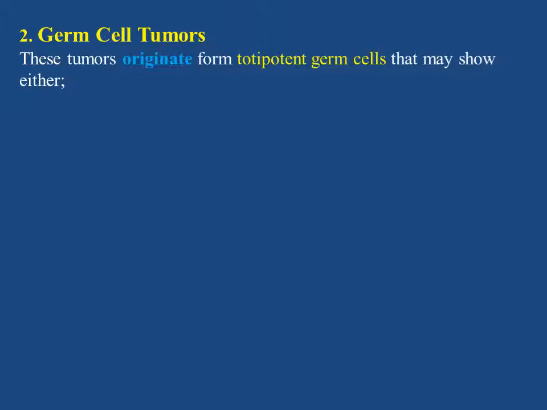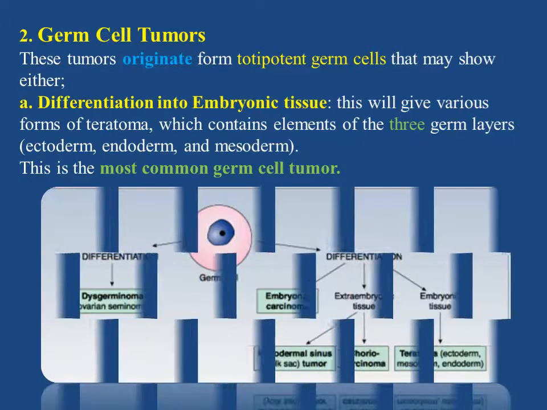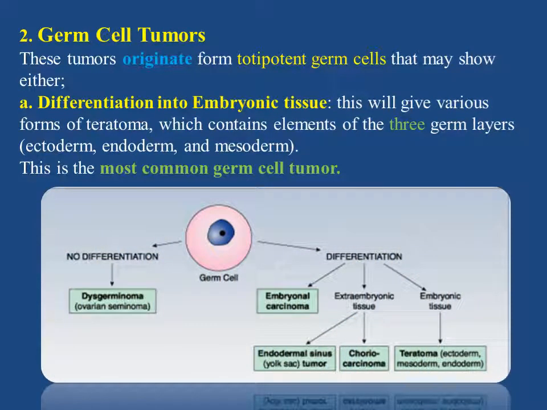The second one is the germ cell tumor, which originates from totipotent germ cells, and they may show either differentiation or no differentiation. They can differentiate into embryonic tissue, giving various forms of teratoma. They contain elements of the three germ layers: the ectoderm, the mesoderm, and the endoderm.